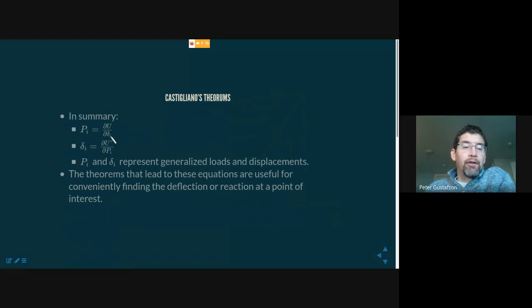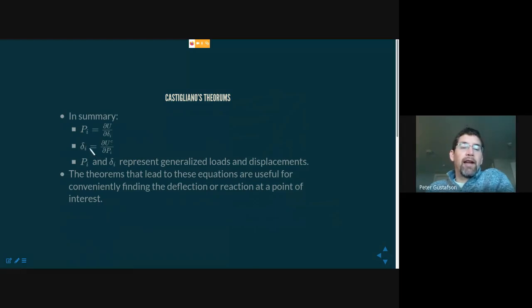Displacement here is also generalized, so it could be an angle at the point of application of the load. And this really needs to be thought of in a vector sense. So in the direction of applied loading, you take a derivative with respect to that direction, and you're going to get a force with respect to that direction.